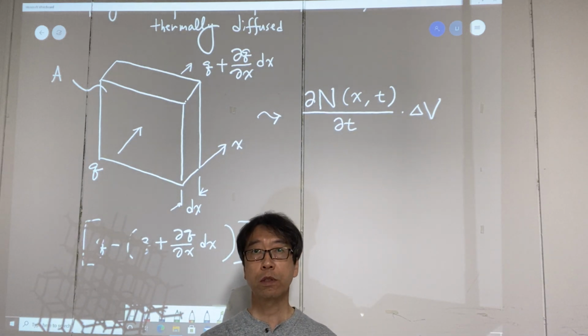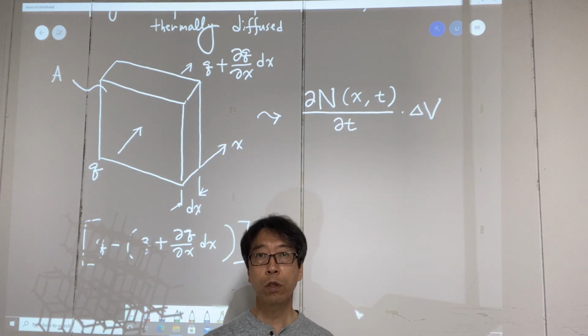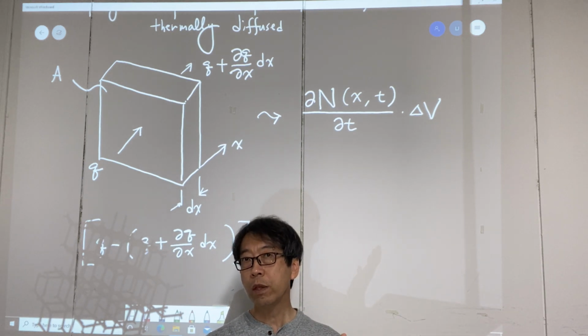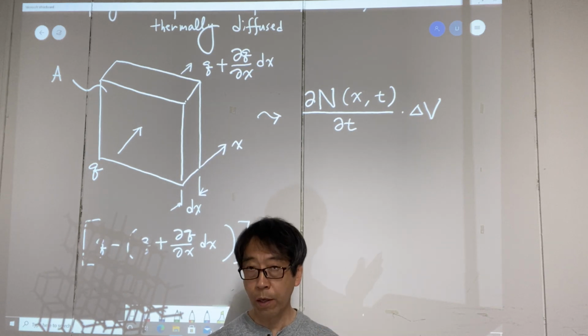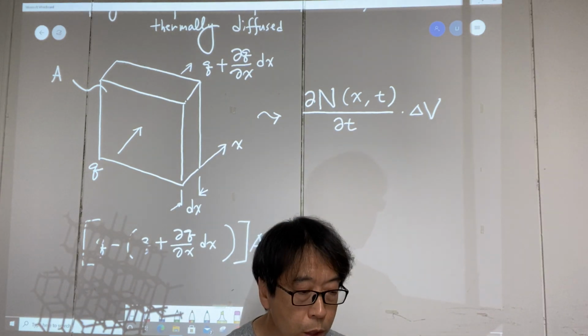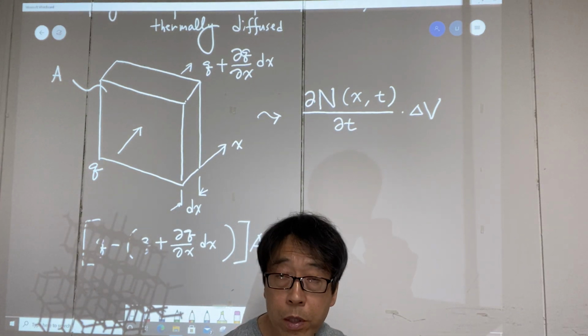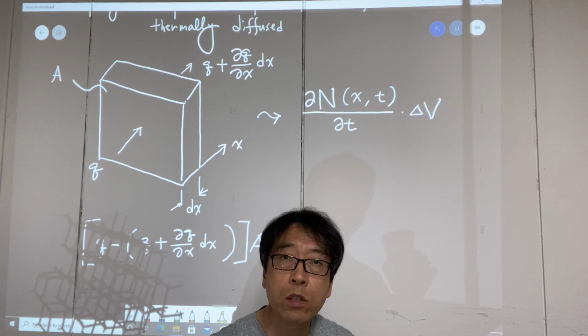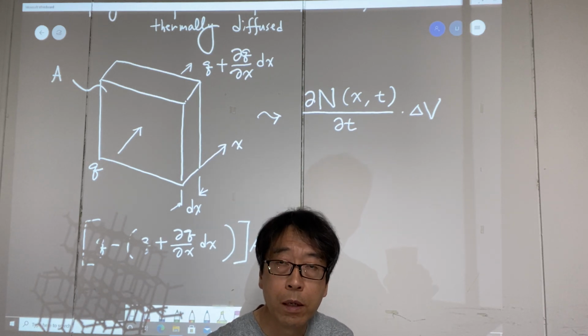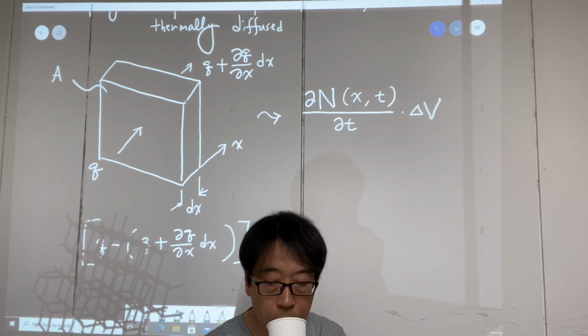Because flux is, by definition, the number of molecules, the number of particles that pass through the unit area per unit time. So you need to multiply by the area to count the number of particles that are being supplied or that are leaving into or out of this control volume.